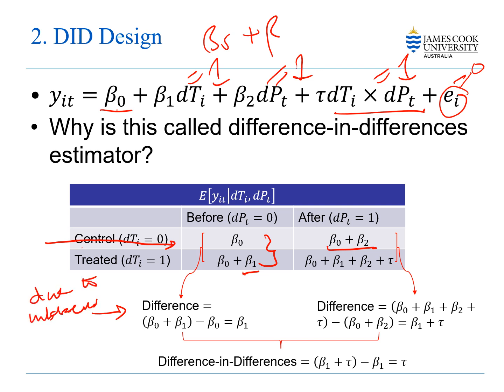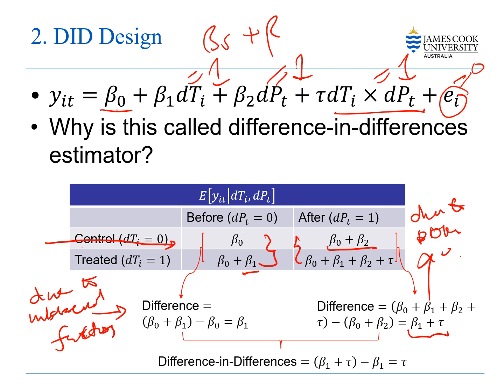And after the policy, let's compare the difference, which is beta 0 plus beta 1 plus beta 2 plus tau minus beta 0 plus beta 2. So we get beta 1 plus tau. So this is due to both the policy and other unobserved factors.